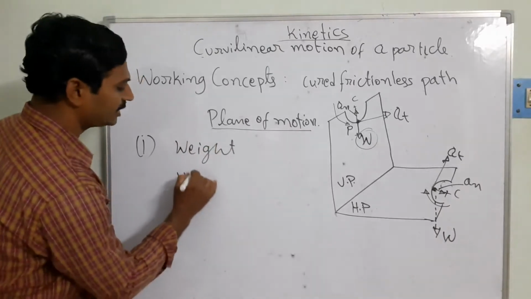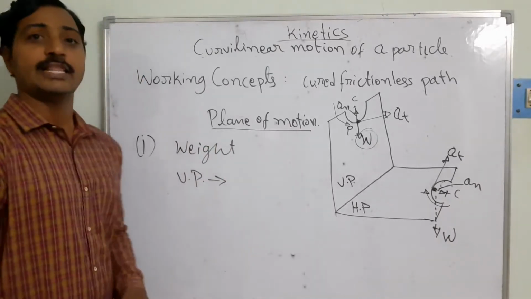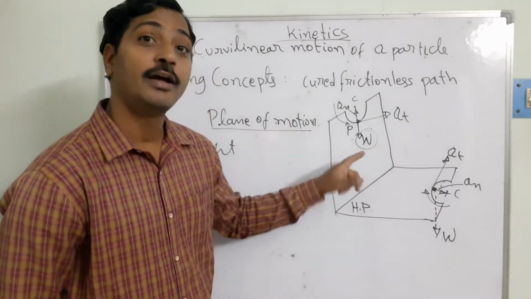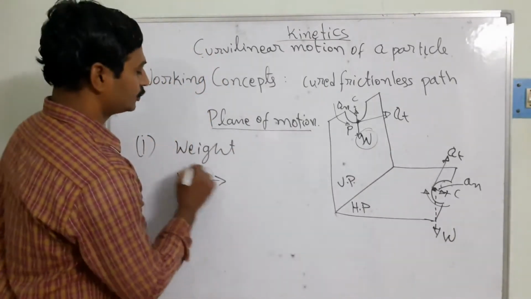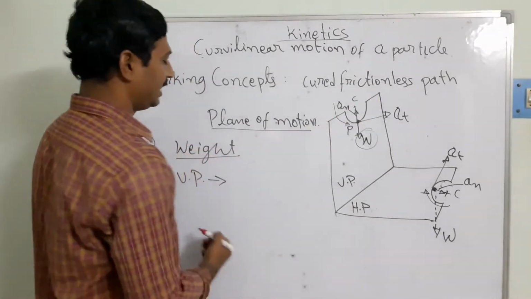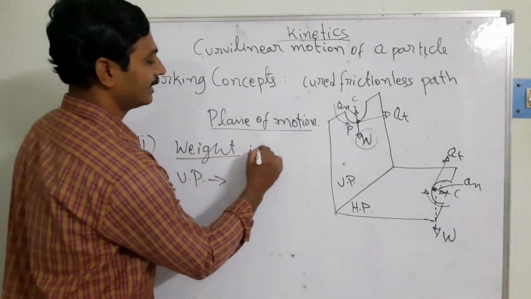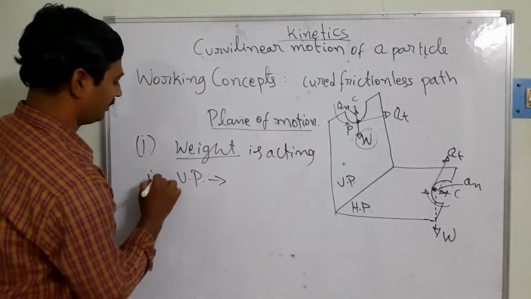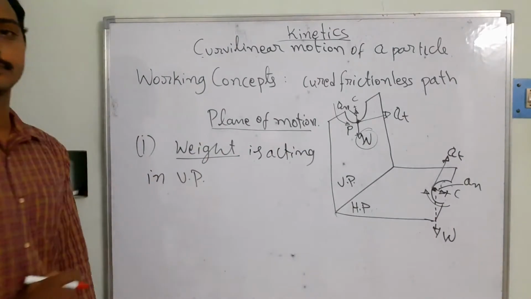So when a particle is moving in the vertical plane, where is the weight going to be acting? That is acting in the plane. So the weight of the particle, when the particle is moving in a vertical plane, is acting in the vertical plane.